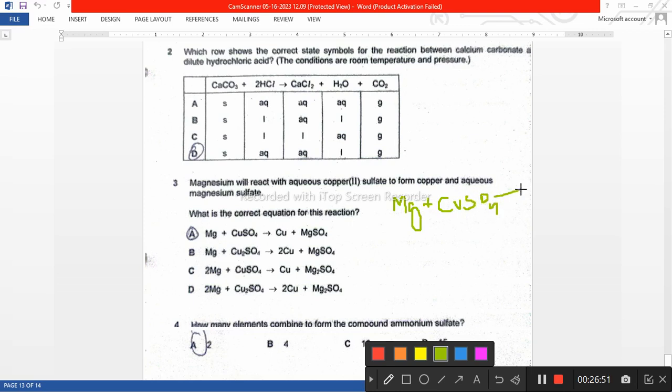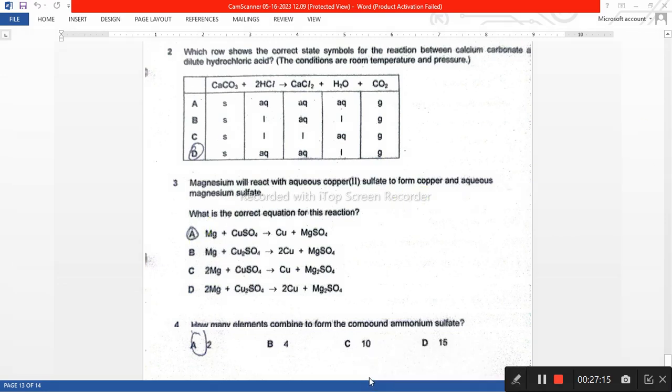So what will the process be? Magnesium is more reactive than copper, so it will replace the copper, as we have studied in the single displacement reaction and double displacement reaction. So MgSO4 and copper. So this will be the answer. So A is the answer.